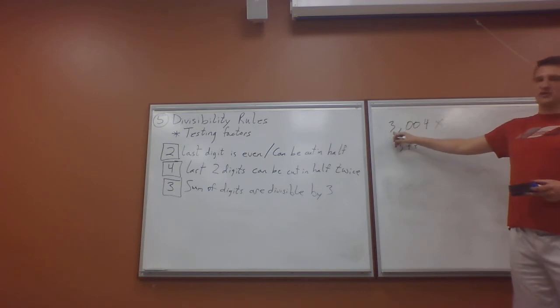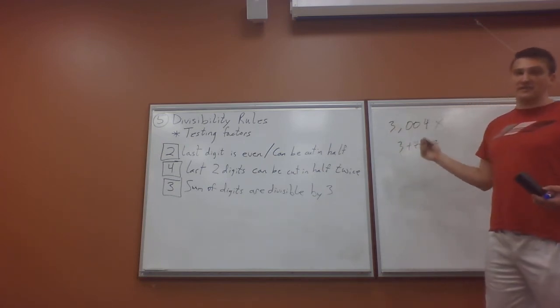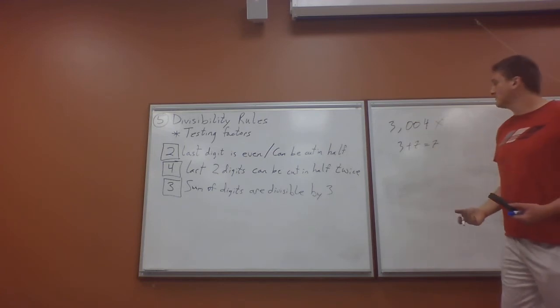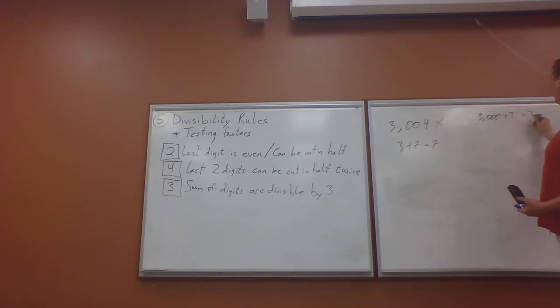I know intuitively that 3 goes into 3,000. In fact, it goes into 3,000 1,000 times. So then 3,000 plus one more 3 would be 3,003. And I know that I won't be able to add groups of 3 to 3,000 and get 3,004. I know that's not possible.